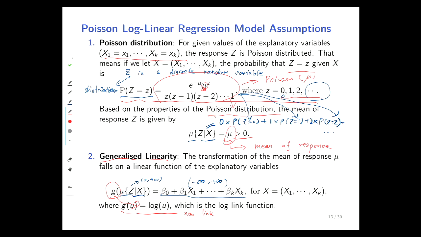By using this new link function, we can make sure that the left side and the right side of the equation have matching ranges. So we model the transformation of the mean of response as a linear combination of the explanatory variables. That's the generalized linearity.